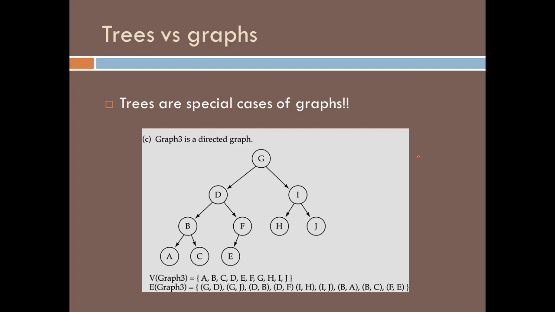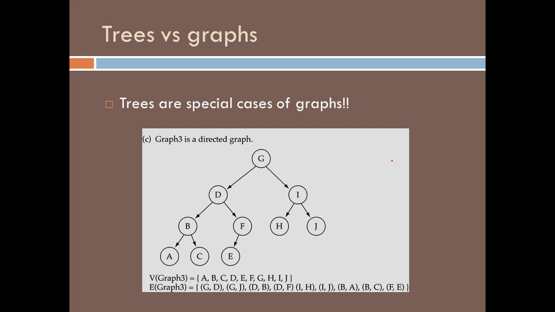Now we discuss trees versus graphs, as we already discussed at the start of this lecture. Trees are special cases of a graph. A tree is a graph, but the reverse is not true, meaning a graph might not be a tree.